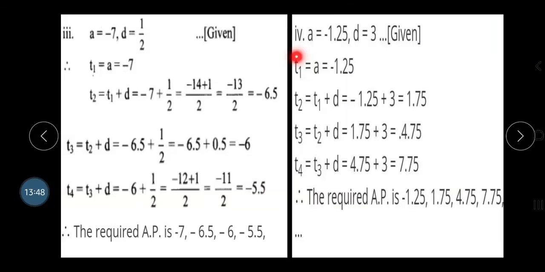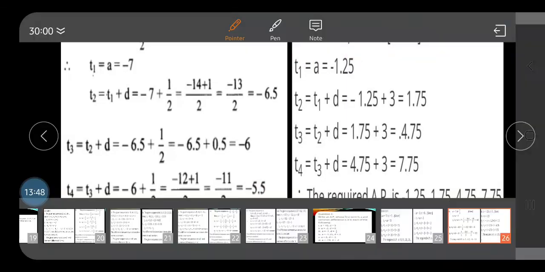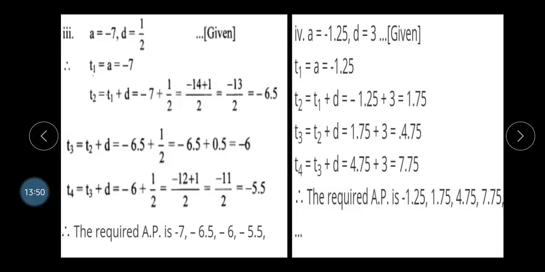Fourth one, A equals minus 1.25, D equals 3. First term is minus 1.25. Second term, first term plus the difference, equals minus 1.25 plus 3. While solving, we will get 1.75.